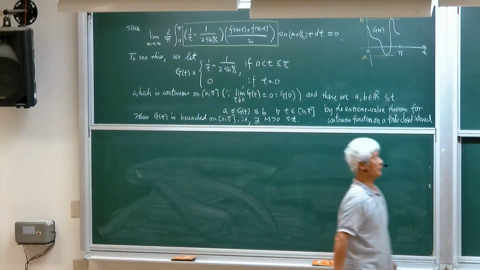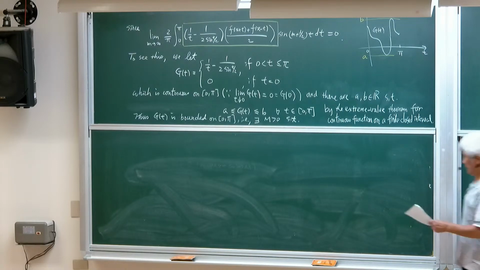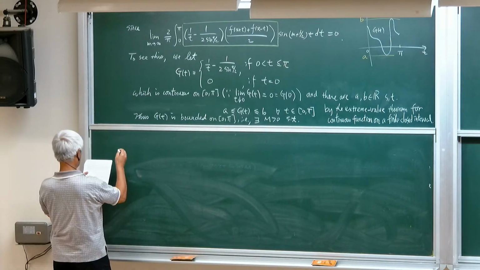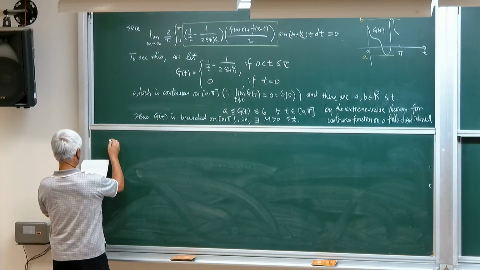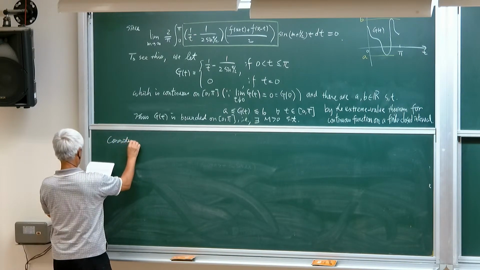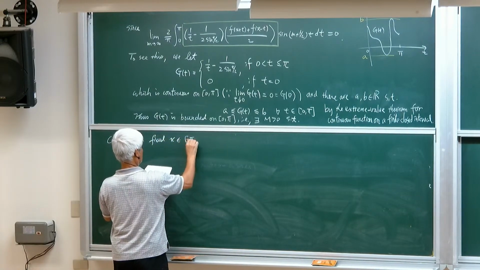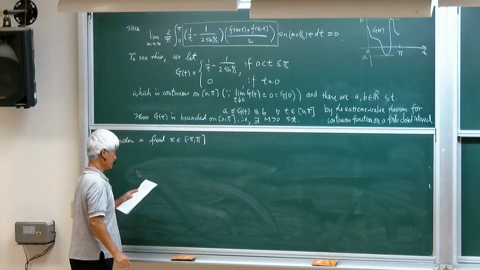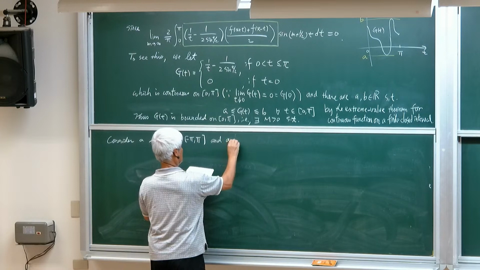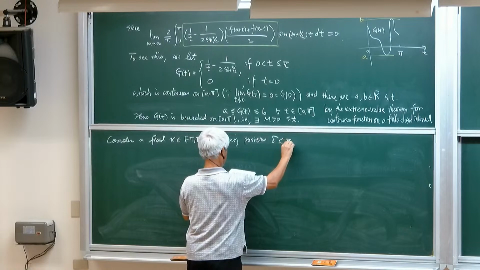Okay, so we want to, here. Consider a fixed x in the corresponding cost interval from minus pi to pi, and any positive delta less than pi.